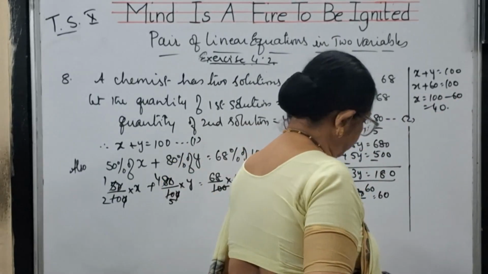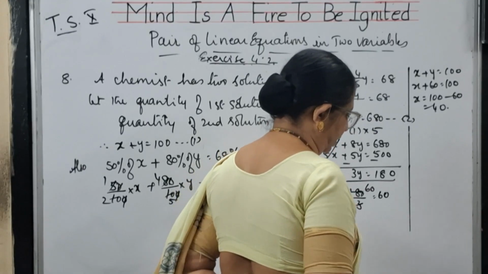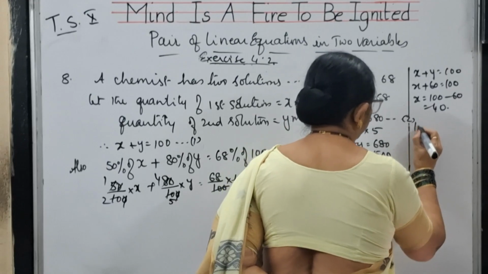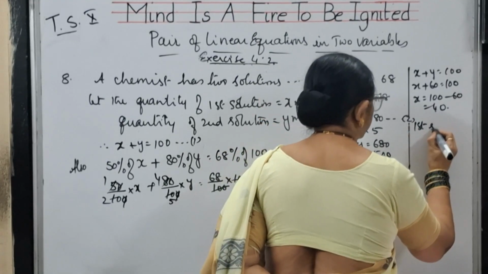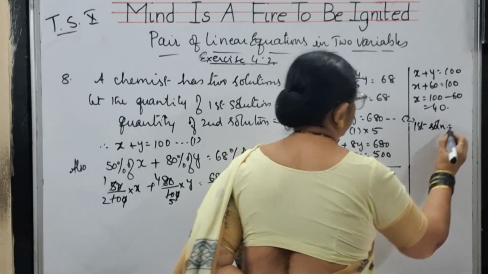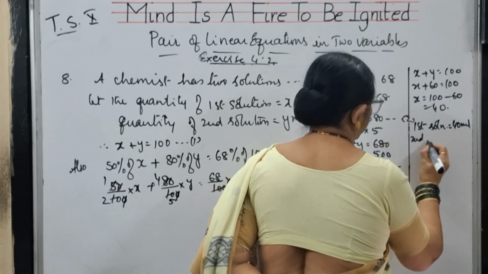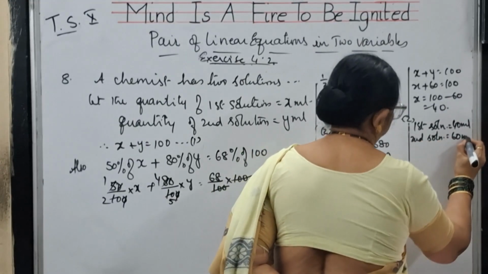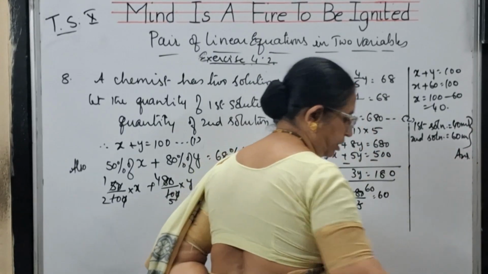So what is the question? How much of each should be obtained? So the first solution should be x, that is 40 ml. The second solution should be 60 ml. See, in total you are getting 100 ml.